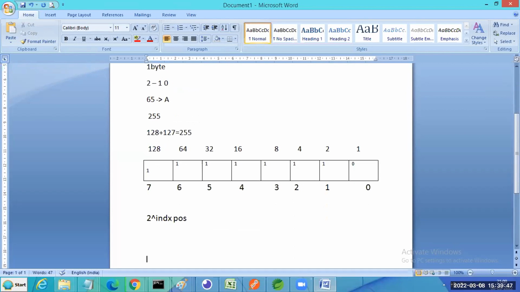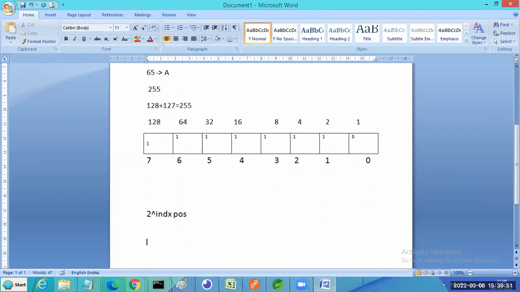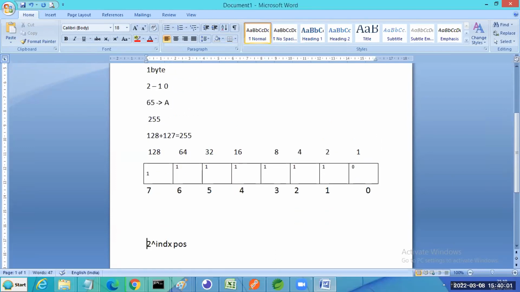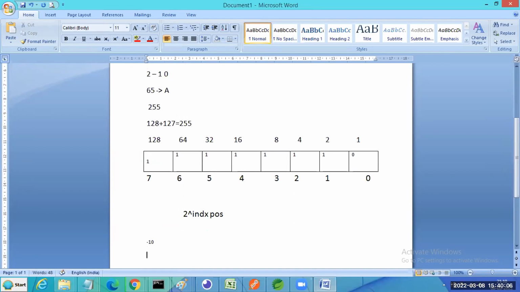So this number game you are understanding. Very good. Now we have two things: a signed integer and an unsigned integer. Heard about it? Like minus 10 and 10.